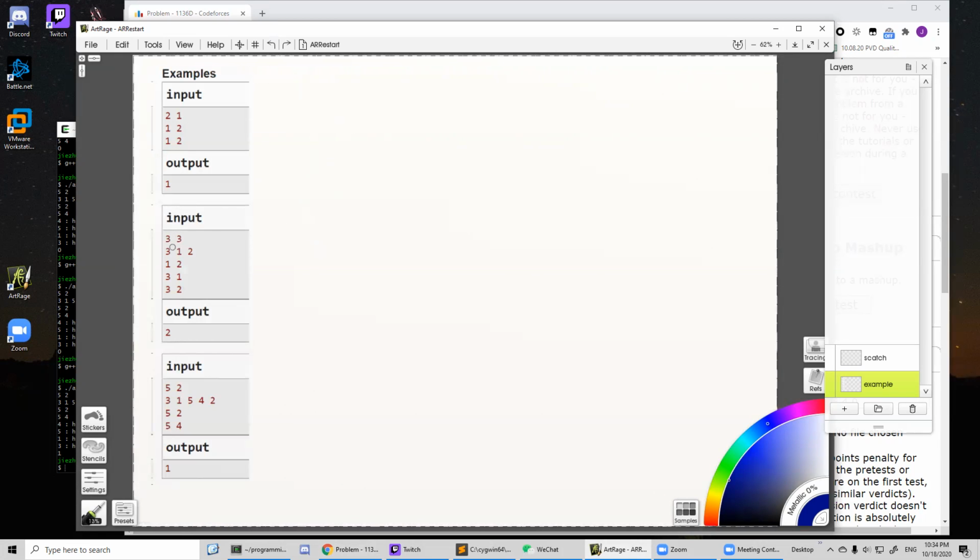So in this case, we are going to have three people, right? And the initial row is like this. The third person is at the first place, and the second place is occupied by person one, and the third place is occupied by person two. So we want to move two to the front, right?